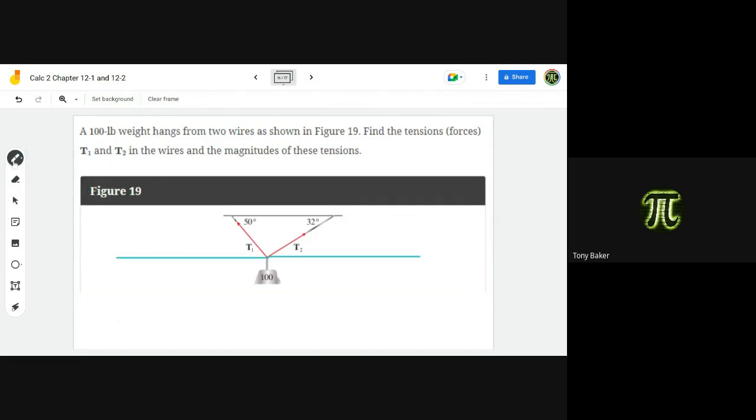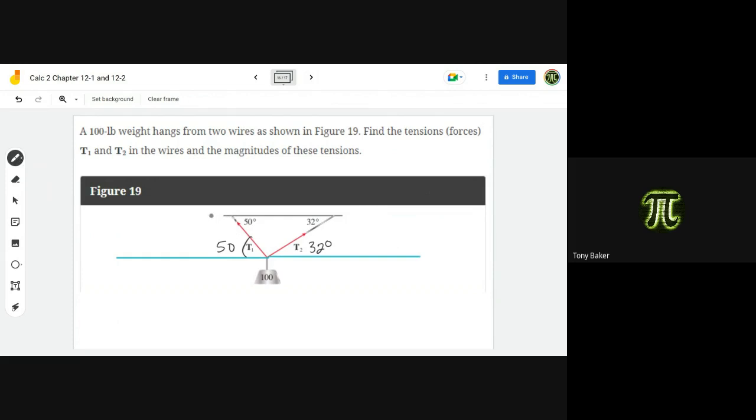So I've got a line there. If that's 50, what's that angle? Also 50, because alternate interior angles are the same. If that's 32, then this down here is also going to be 32 degrees, correct? Everybody agree with that? Okay.